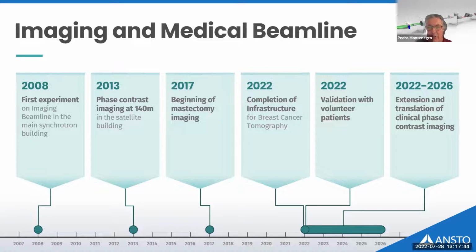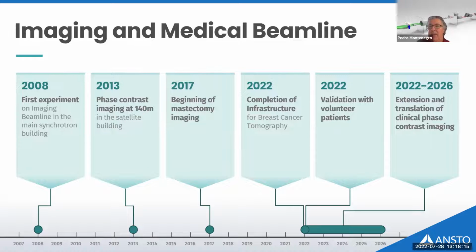Many of them are watching this presentation now: Tim, Patrick, and the extended team. In 2022, this year, we have completed the change in infrastructure for the IMBL to do breast cancer tomography. And we basically are now ready to do clinical scans, but the safety system has yet to finish being tested.